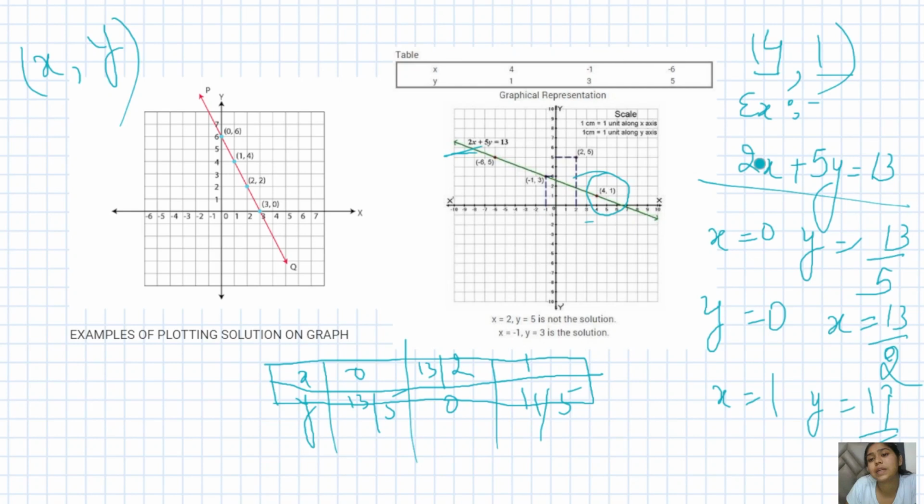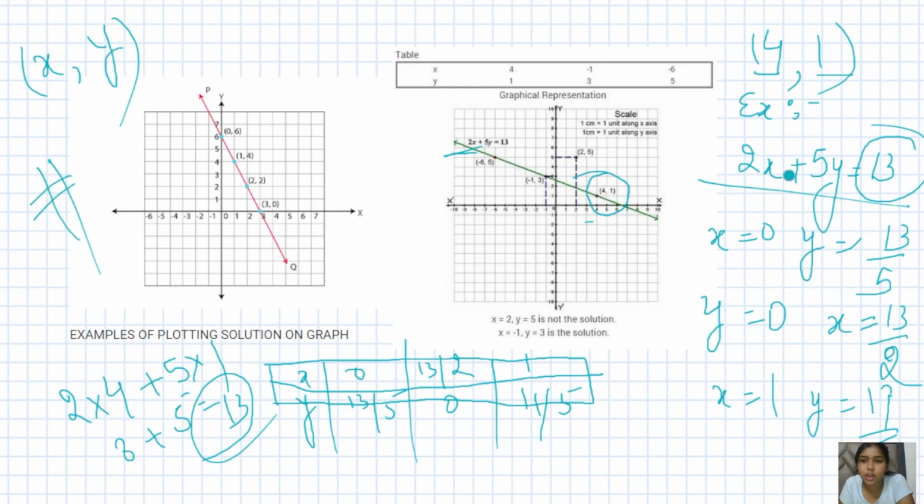So we'll put x equals 4 and y equals 1. What we'll get is 8 plus 5 equals 13, and we see that the RHS is already equal to 13. So this particular point correctly represents the equation. So these are the true points.